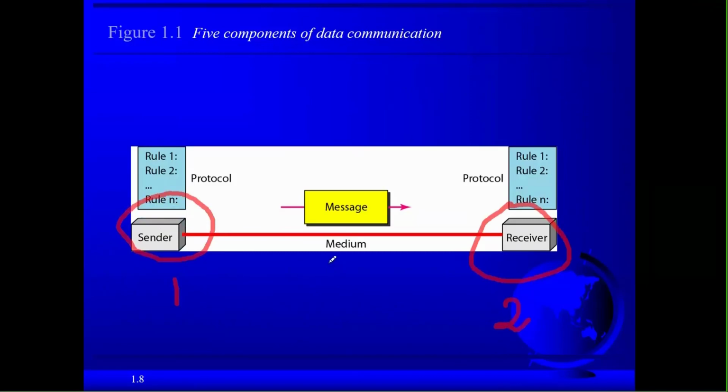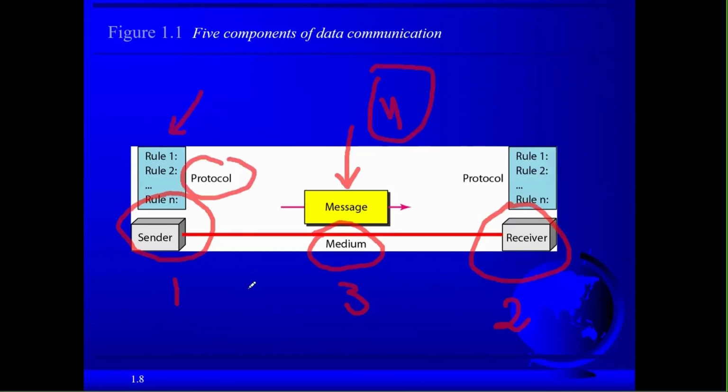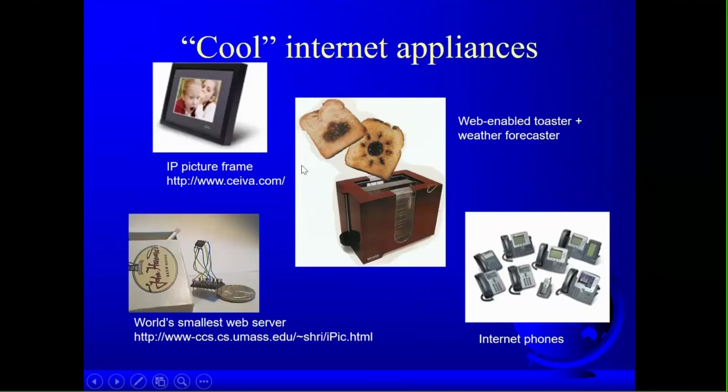We have a medium, what medium they're using. What they're sending, the message. And finally, what protocol they're using. Very, very important. What protocol are they using for communication? These are the 5 major components of a telecommunication.